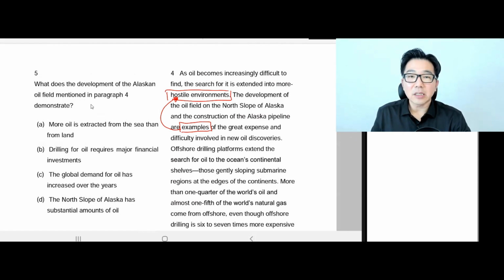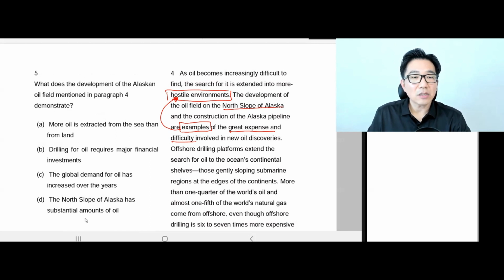And we remember reading this paragraph for the last question, that specifically it cost a lot more and it was more difficult to get oil in this north slope of Alaska. So that's why it was a more hostile environment.